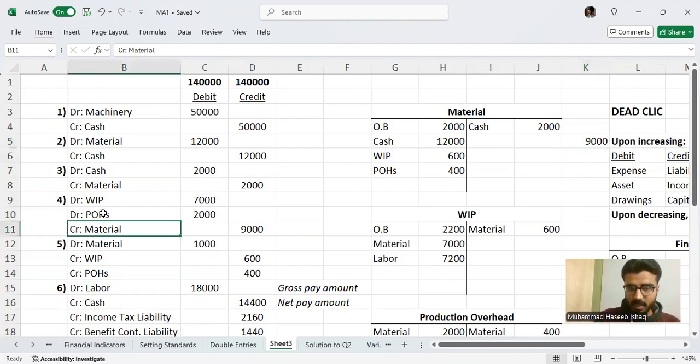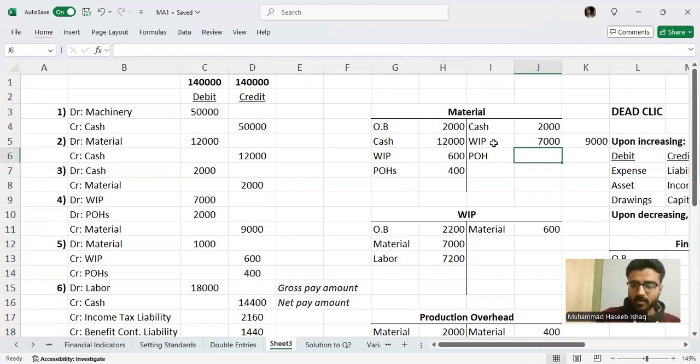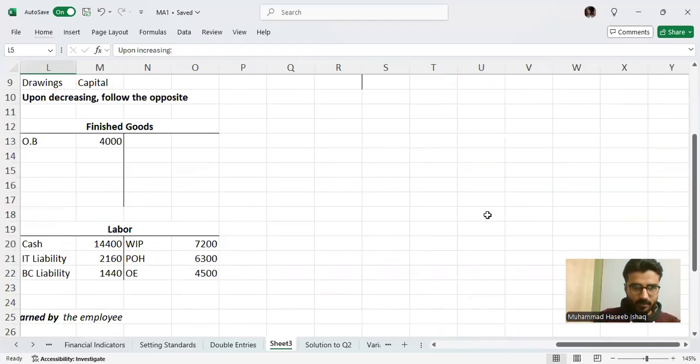What are the names of the opposite account? Work in progress and production overhead. So we will write the names of these accounts, work in progress and production overhead, and the related balances are written in front of them. So 7,000 was related to work in progress and 2,000 was related to production overhead. So we have credited the material account with a total of 9,000. So I think everything else was completed.